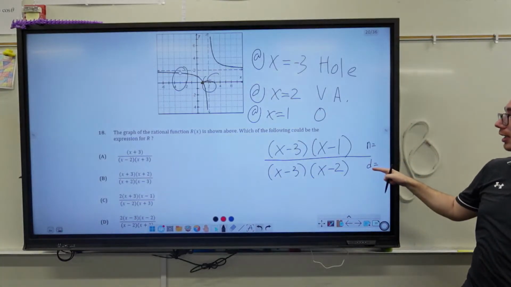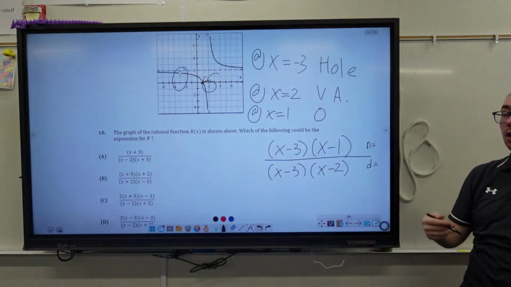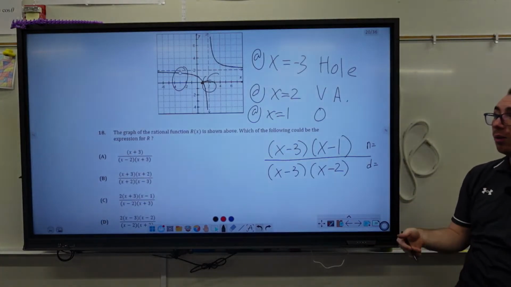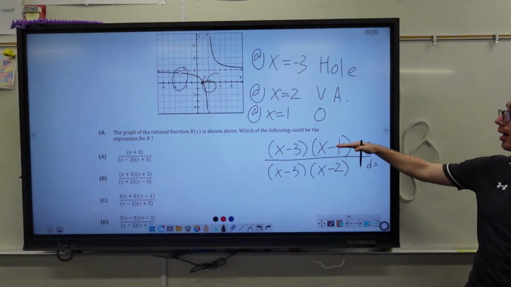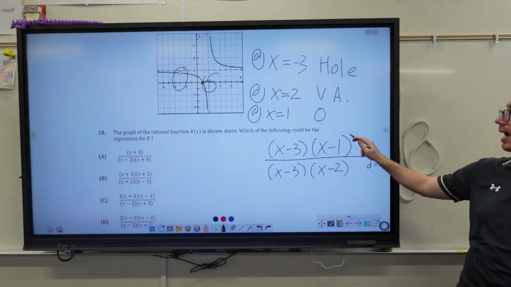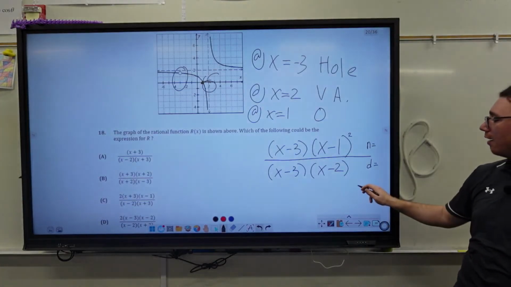Since our n degree and our d degree equal each other right now, we would want to see a horizontal asymptote at y equals 0. Since we don't see that, we know one of these terms here has to have a square with it of some kind.